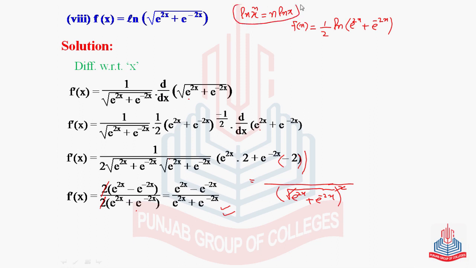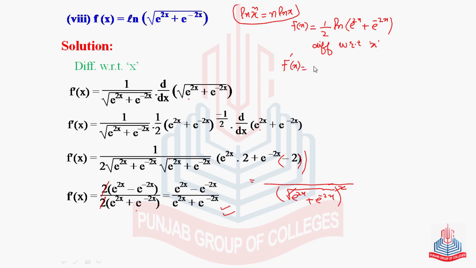So using this result, we can write our function in this form: 1 by 2 log e raised to the power 2x plus e raised to the power minus 2x, and then we apply differentiation, so that will become f prime of x.